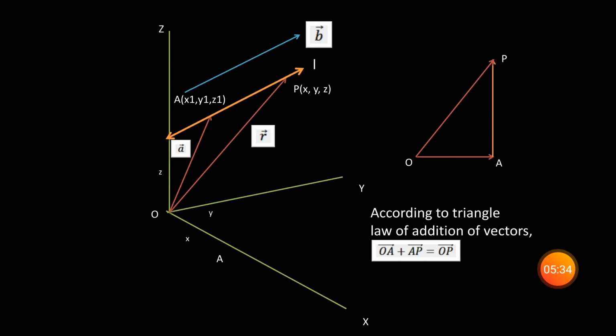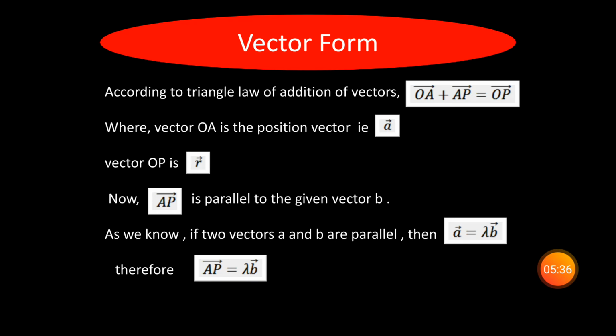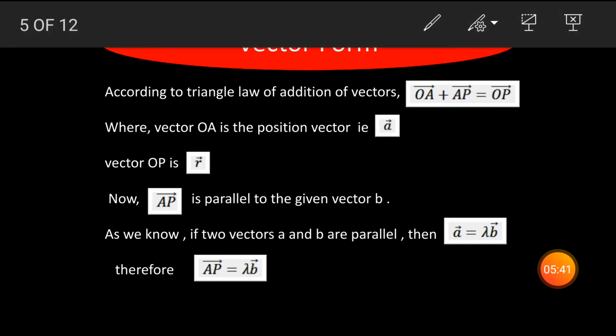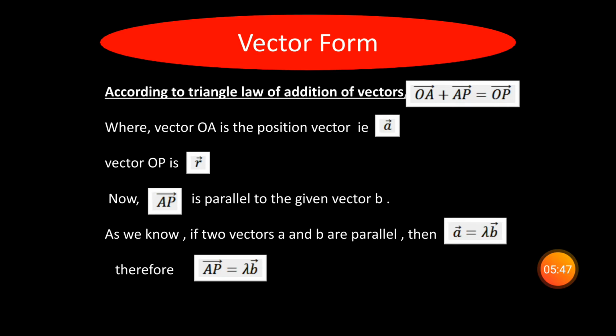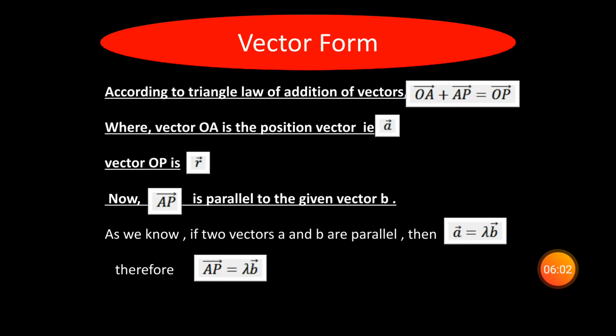Now first is the vector form. We got OA plus AP equals OP. Now you know that OA that we have already considered is vector A and OP is vector R. Now what about AP? It is given to us that vector AP is parallel to vector B.